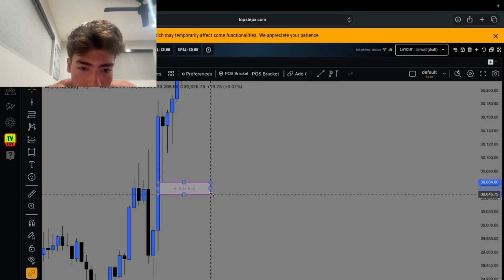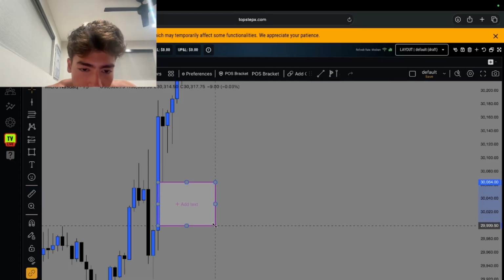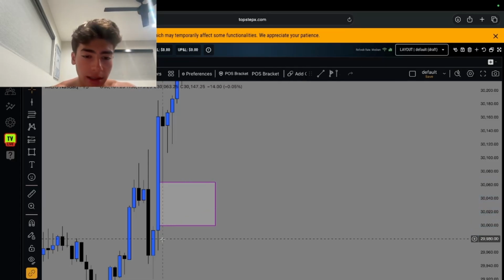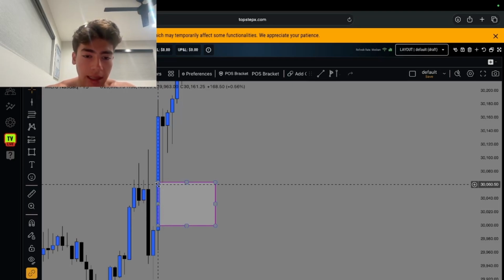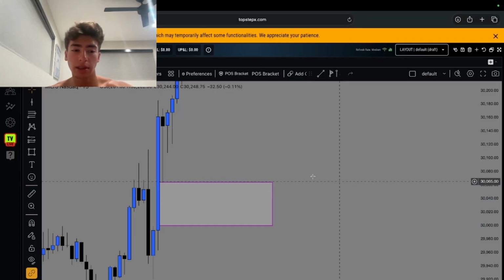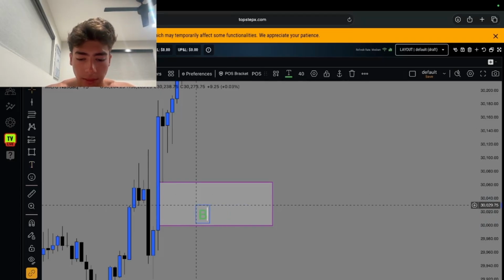So I'm going to draw it out from there to here. And how I'm getting that box is from this wick to this wick, and we left a gap in the market there, right? So that's a bullish fair value gap.